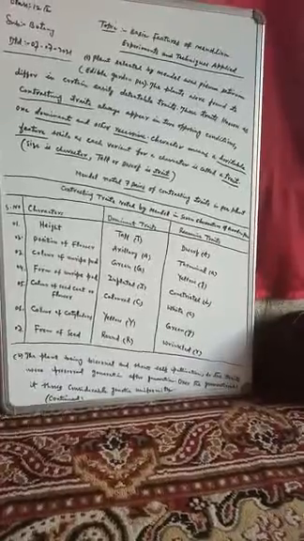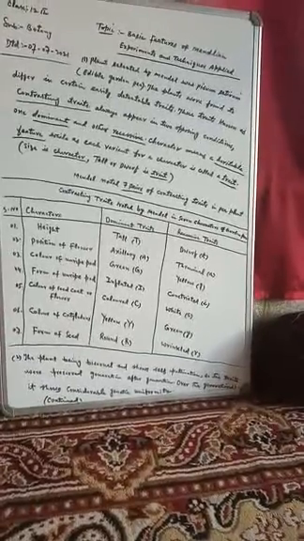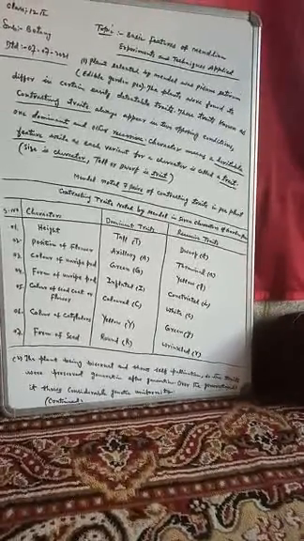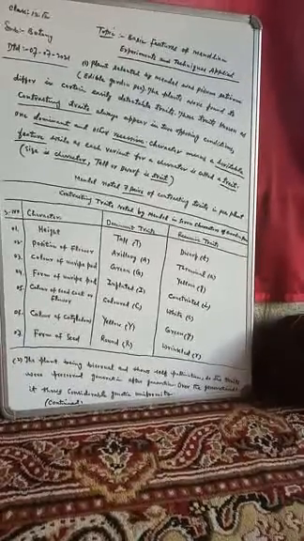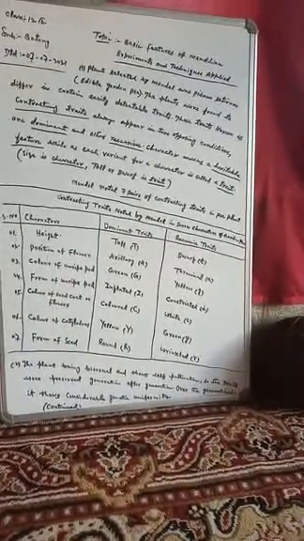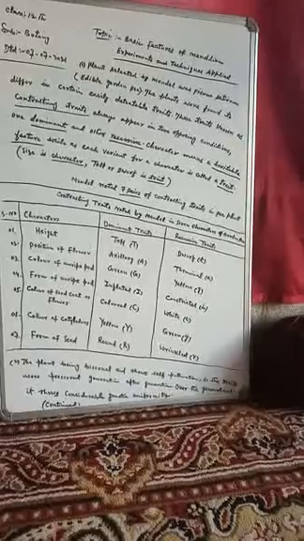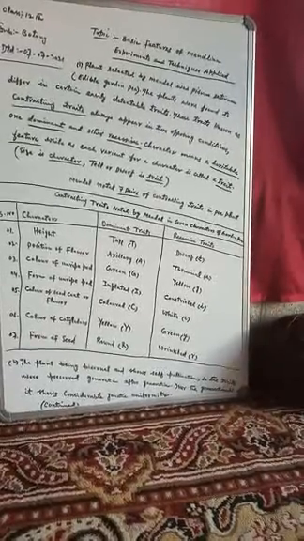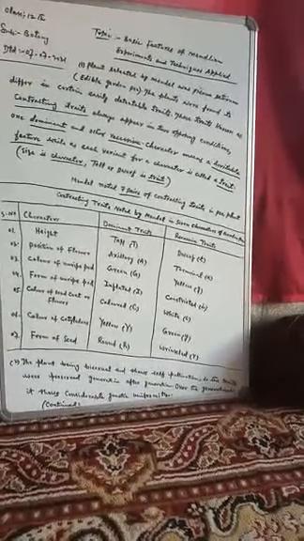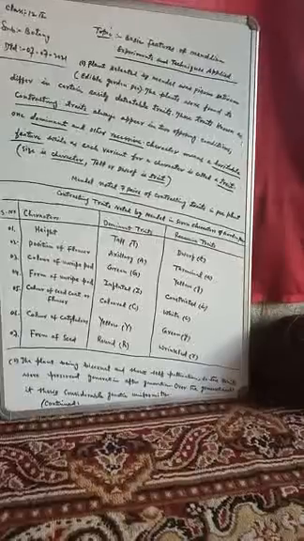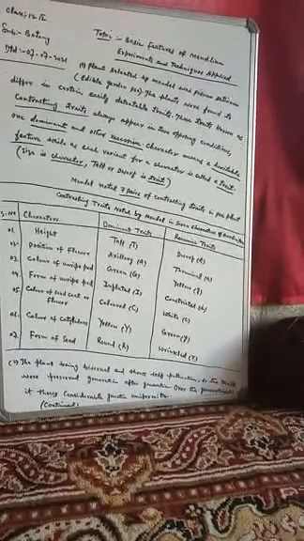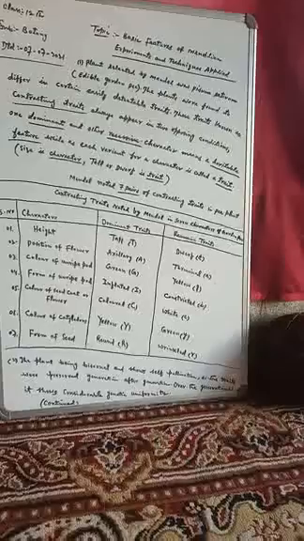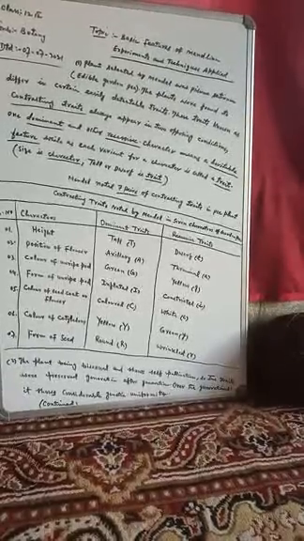In the same way, the second character is the position of flower, where position means where the flower is located. If it is axillary, then it is shown by capital A, but when it is terminal, it is shown by small a.